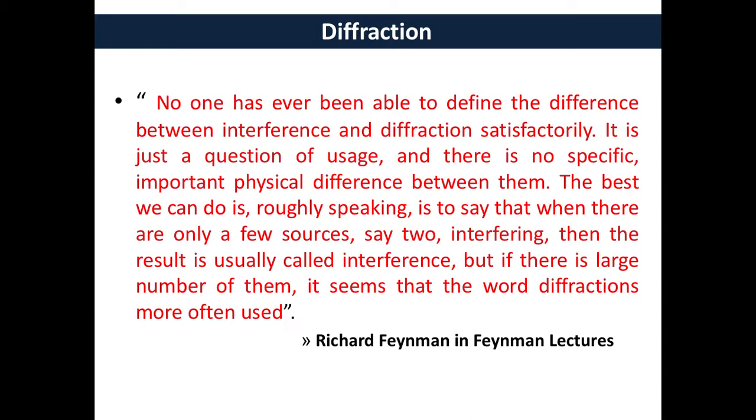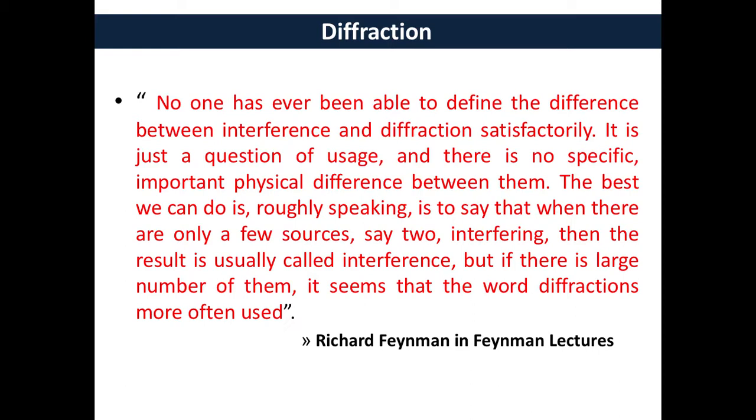Like interference, it happens from point sources. As you have already learned, from point sources you can generate waves, and from those waves you can generate interference, destructive interference and constructive interference.